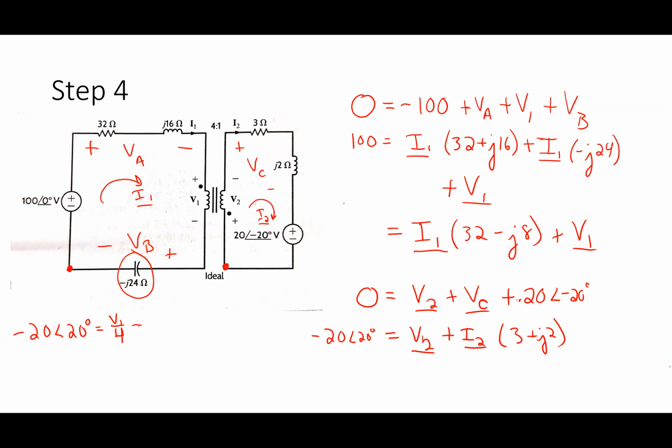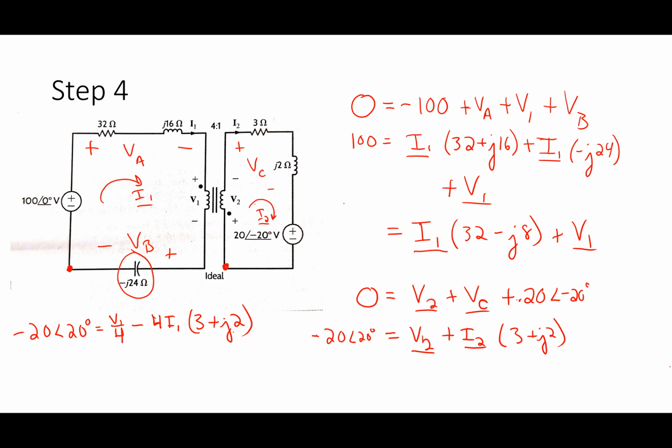And for I2, it's negative 4 I1 times 3 plus J2. Right? So now I have 2 equations and 2 unknowns. And to solve it, I just need to go through my typical solution process.